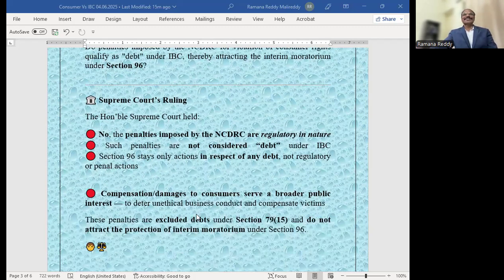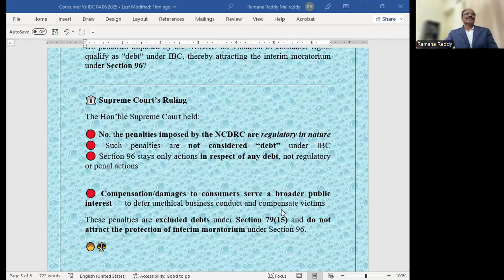The compensation and damages to consumers serve a broader public interest, to deter unethical business conduct and compensate victims. So these penalties are excluded debt under Section 79(15) and do not attract the protection of the interim moratorium under Section 96.